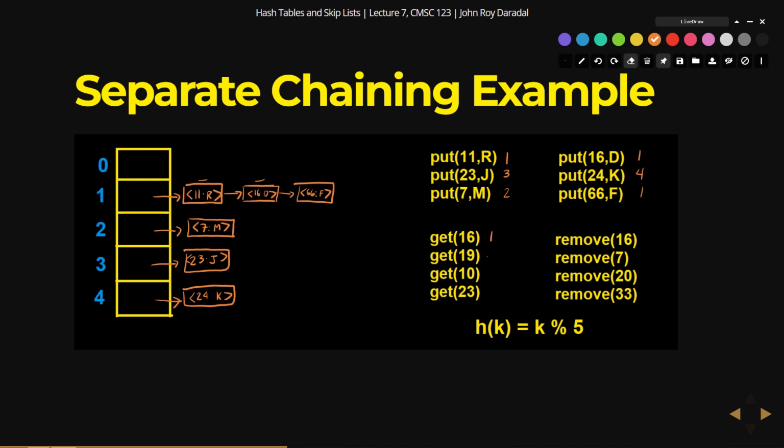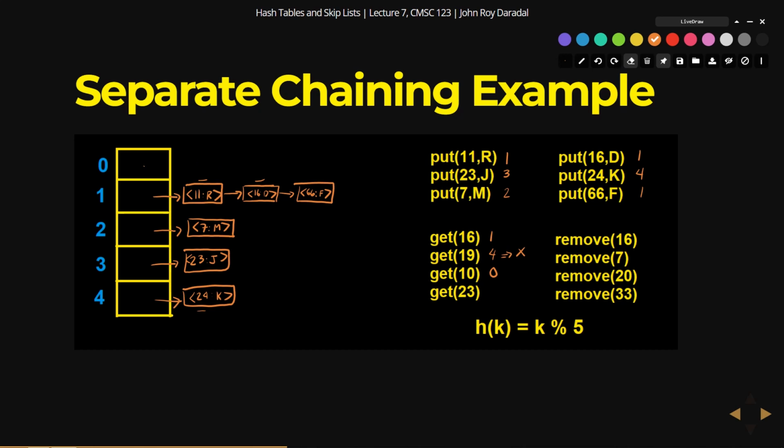Now how about get 19? For 19, we'll have to start at index 4, right? Because 19 modulo 5 is 4. So at index 4, is this 19? No. And then it's the end of the list already. So we know that 19 does not exist. So there is nothing. For get 10, 10 modulo 5 is 0. So there's no remainder, right?